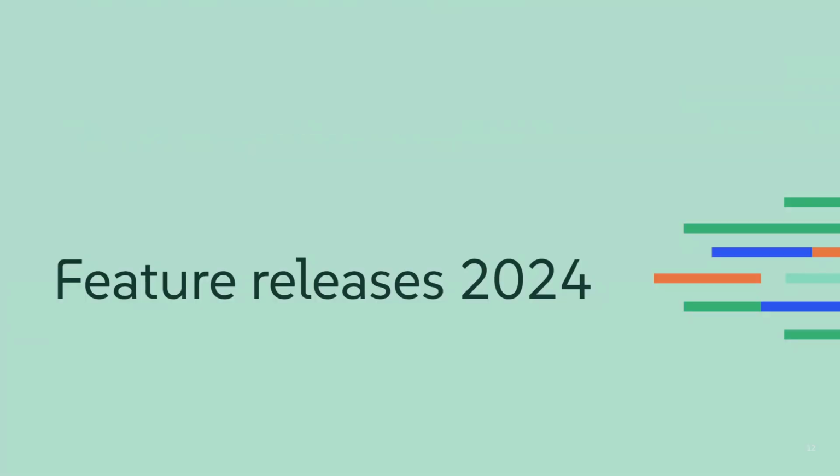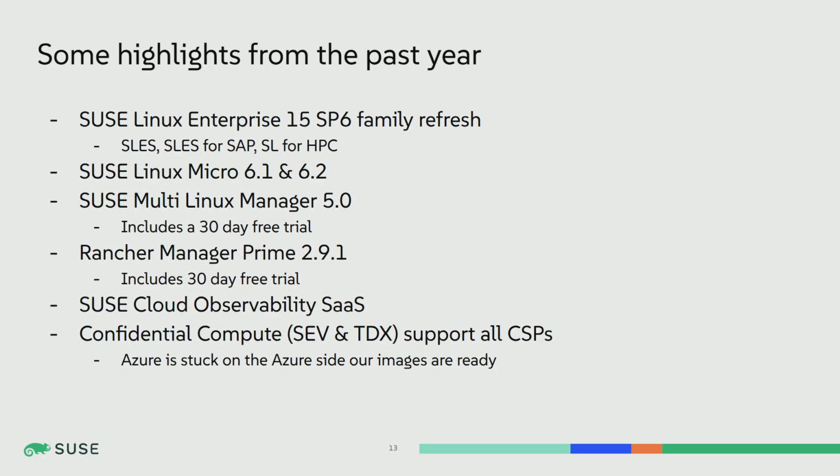All right. So what did we do since last SUSECon? We did not sit around and look at the stars. So these are some highlights of what happened in the last year. We had the SUSE Linux Enterprise 15 SP6 family refresh. So there were new images for SLES for SAP and SLE for HPC.